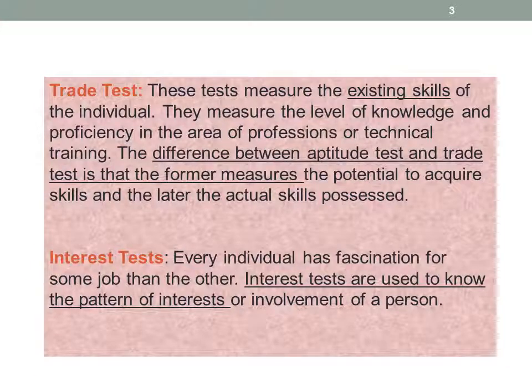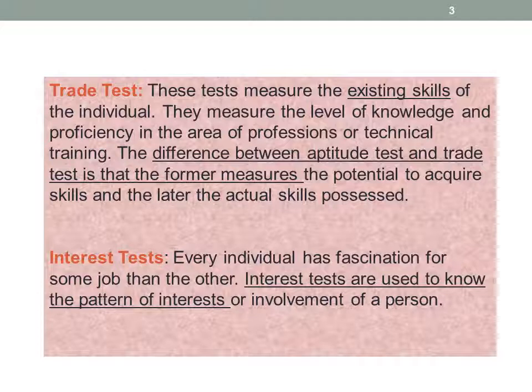Next one is the trait test. Earlier we studied the aptitude test, and now we are studying the trait test. The aptitude test says the person's ability to learn new skills. But the trait test measures the existing skills of an individual, how many skills they have, and the aptitude test says how much more they can learn.